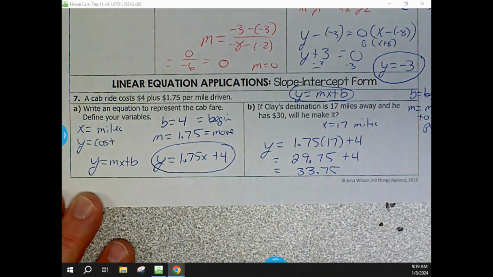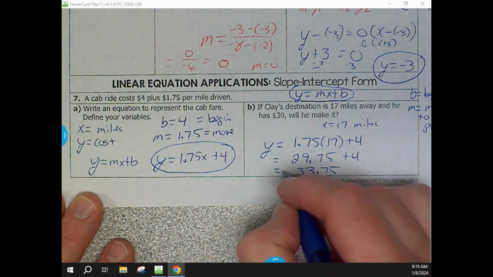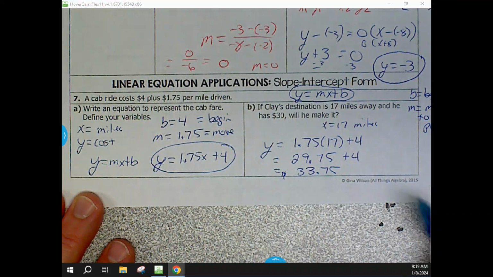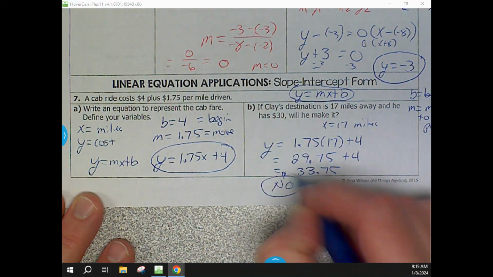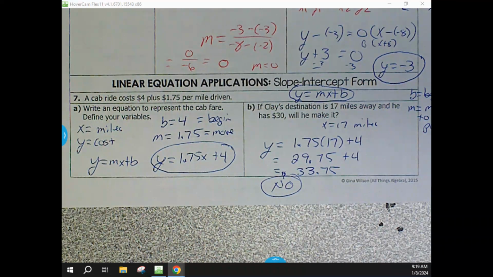So if he's going to go 17 miles, it's going to cost $33.75. He's only got $30. So is he going to make it? Nope. Going to start walking that last little bit, right? Going to get about 14 miles in. Cabby's going to go, all right, that's it, you're out. You go.